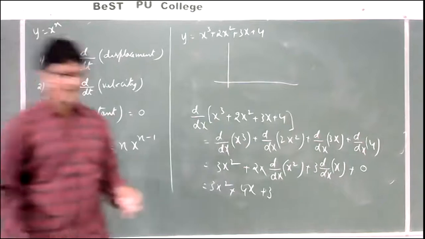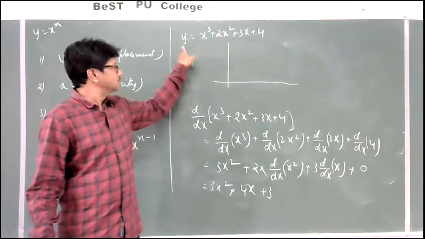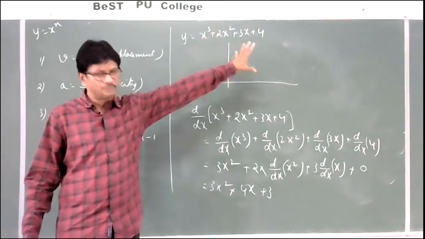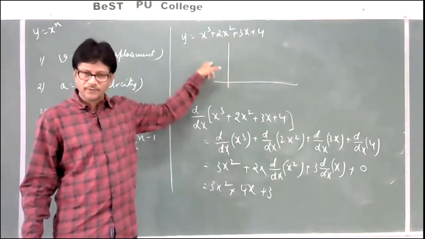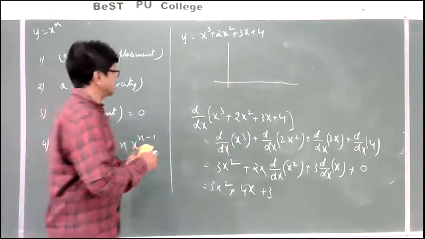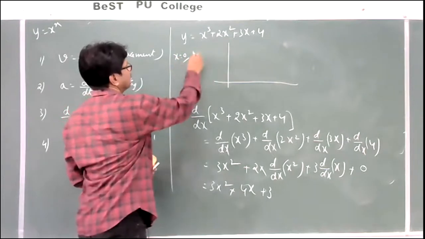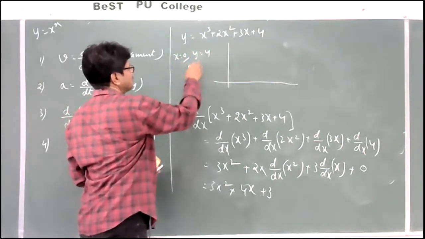First we'll take the x value as a 0. Then what is the y value? We'll get xy values. ಹೌದಲ್ವಾ? If you take x value as 0, y value will be 4. The first point is 0, 4.